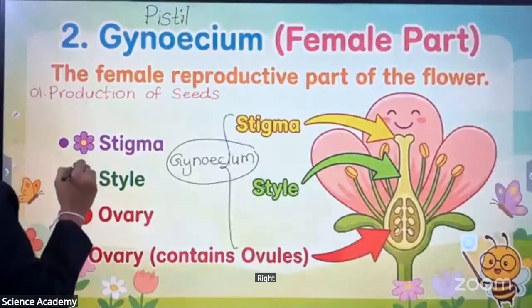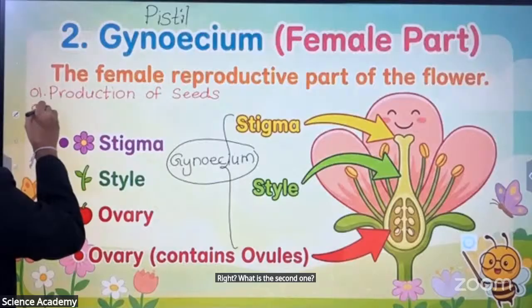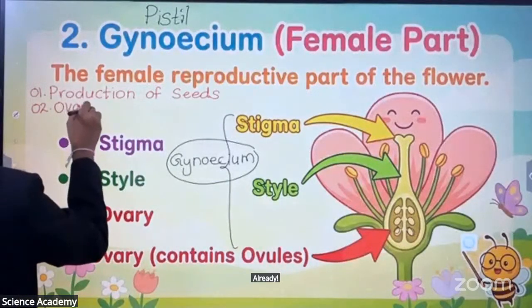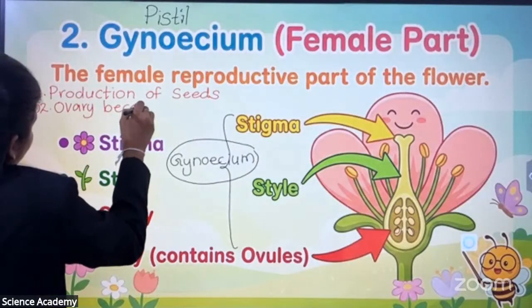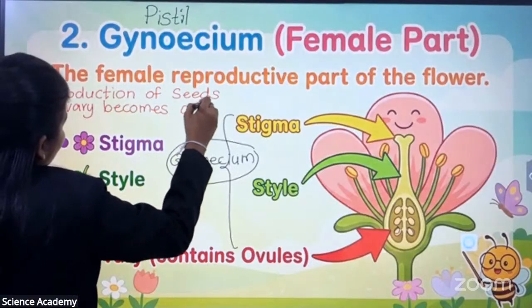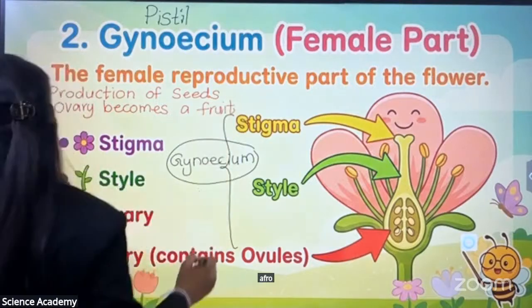Right? What is the second one? Ovary becomes a fruit. Right?